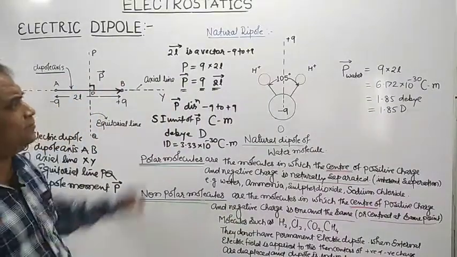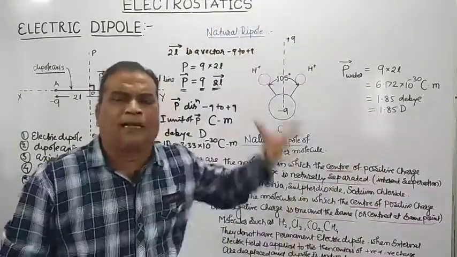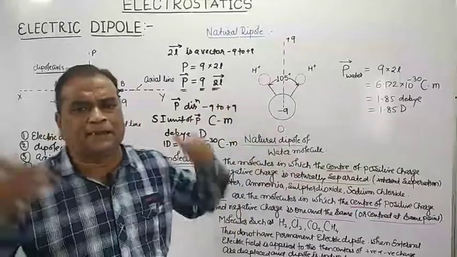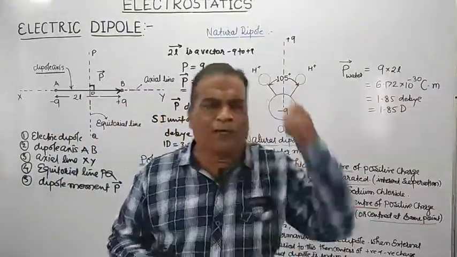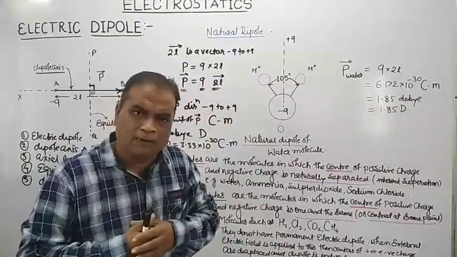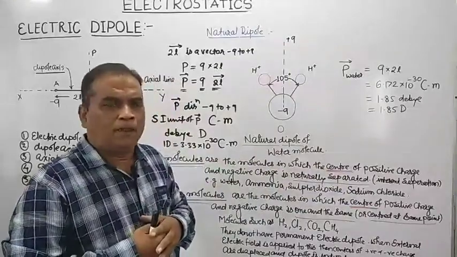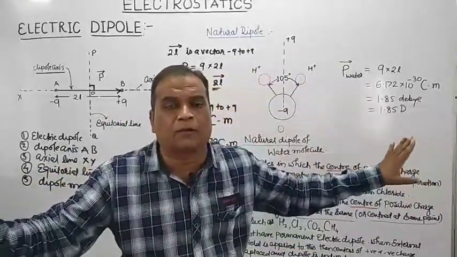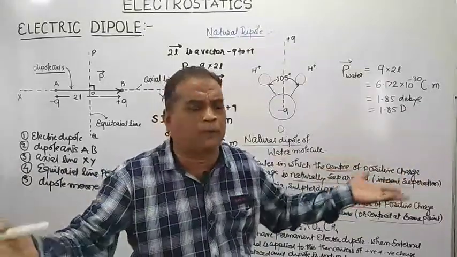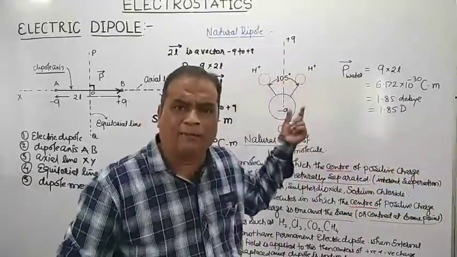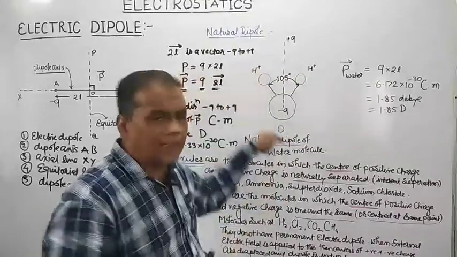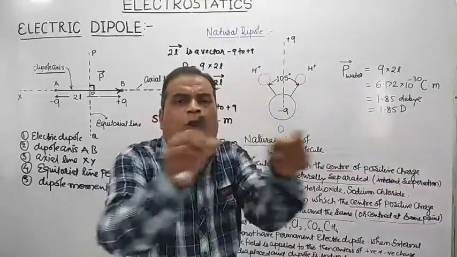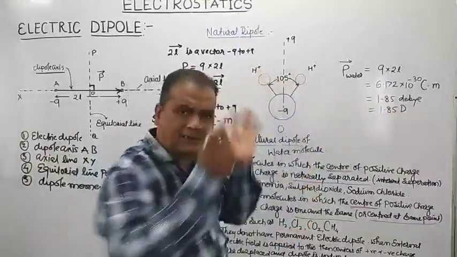Now let us have some short discussion on the natural dipoles which exist in our universe. All of you are familiar with a water molecule, H2O. That water molecule is non-linear, because the two hydrogen atoms and one oxygen atom in a water molecule do not lie along the same straight line.